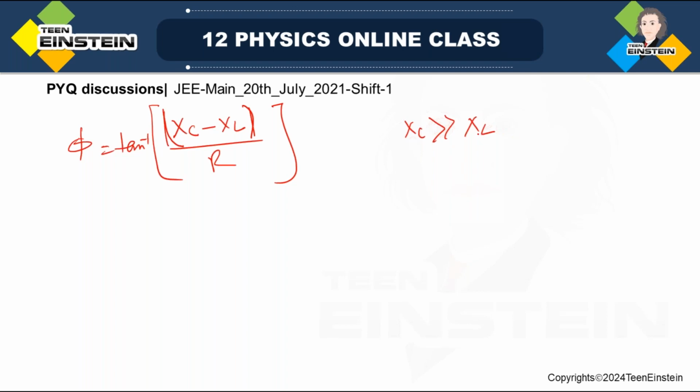That means in that case it will be capacitive. So XC is much greater than XL, so the capacitor is actually dominating.